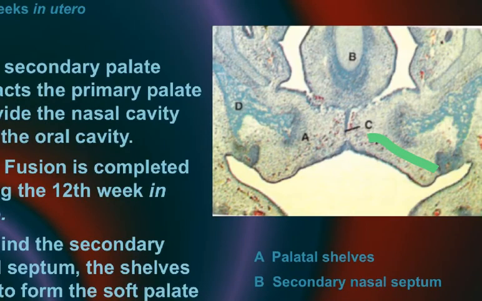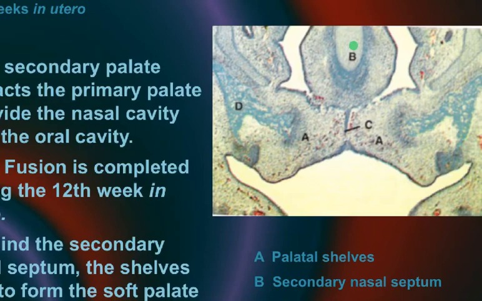Here, the lateral palatal shelf, you can call it secondary palate at this stage, because now they have contacted each other. C is the midline epithelial seam.